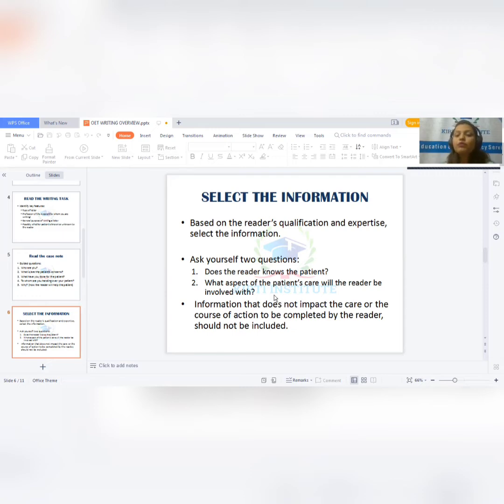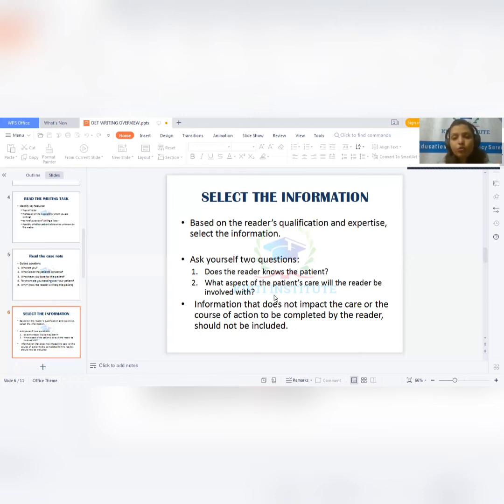Suppose you want to write that the patient smokes 20 cigarettes a day. You have to think whether the recipient of the letter is going to solve this problem. Whether he's going to deal with smoking cessation, or whether a higher amount of smoking is going to interrupt the care or treatment that he is going to provide.